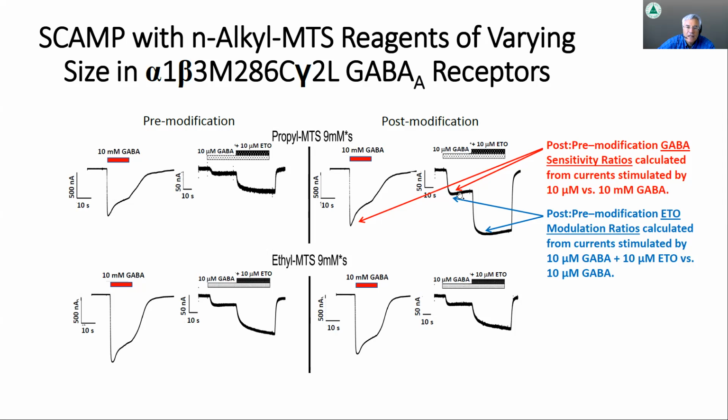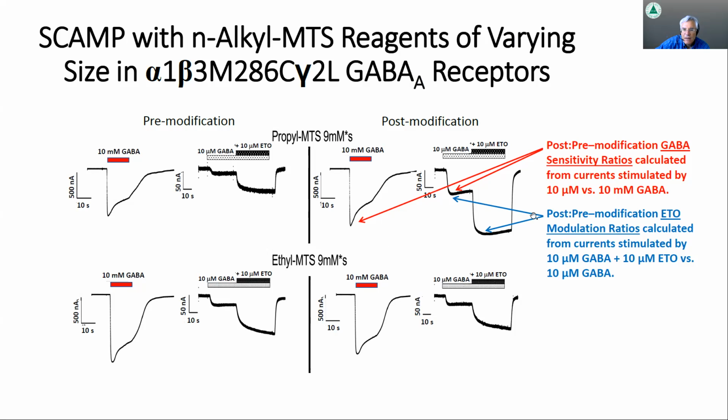After that modification, we have increased the GABA response at 10 micromolar about 3 to 4-fold, so a very large change. And that contrasts with Ethyl-MTS, which causes really almost no discernible change at all in GABA sensitivity.